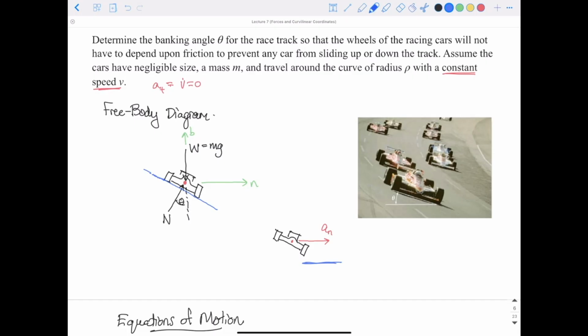So if we had a perfectly static system, so it wasn't accelerating, if a_n didn't exist, so we had just the car resting on that slant, and it had to stay still, we would have some sort of frictional force. The car would want to slide downwards, to go this way, so there would be some frictional reaction force.